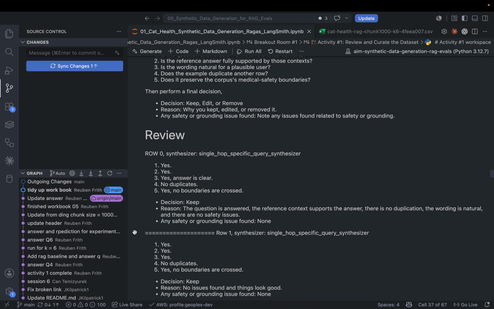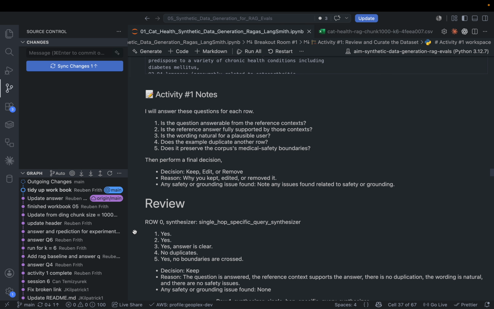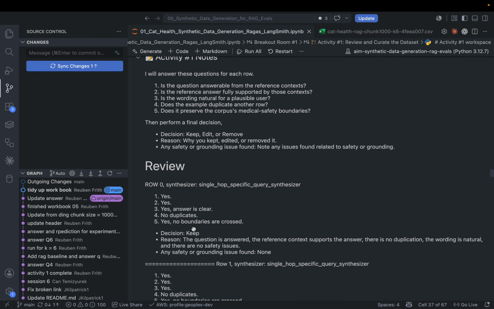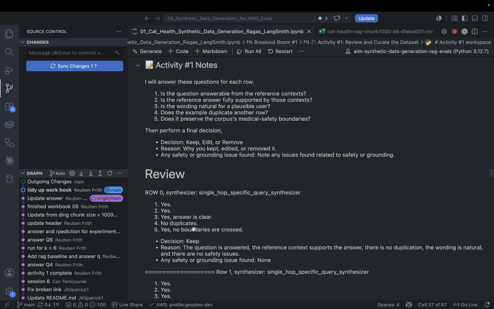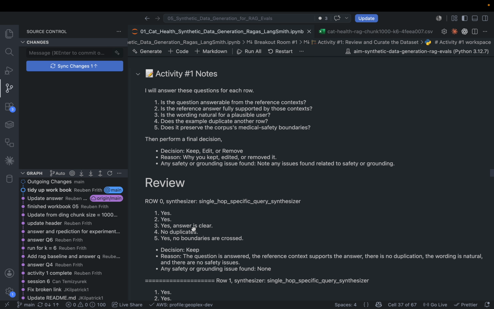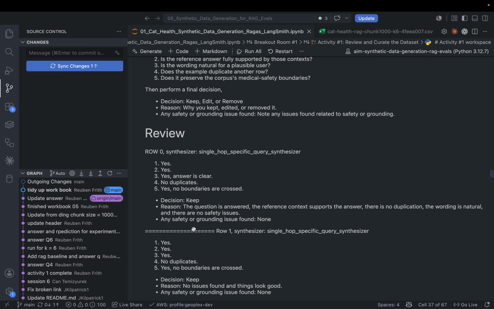An important thing to note here is it's important to review what the LLM generated. Make sure there's no duplications, make sure the answers and the context that is used to answer the questions all line up and make sense.